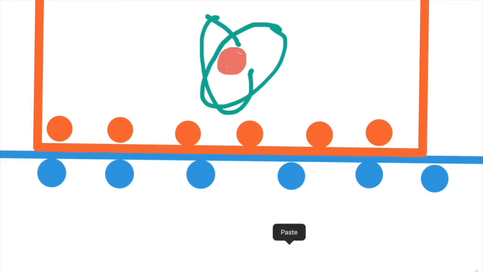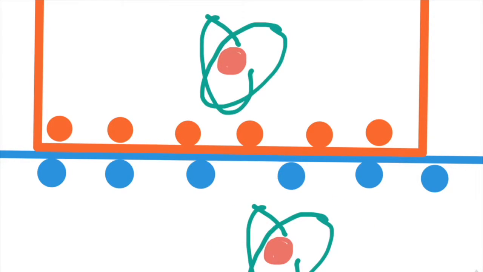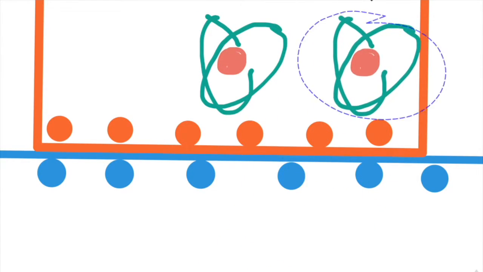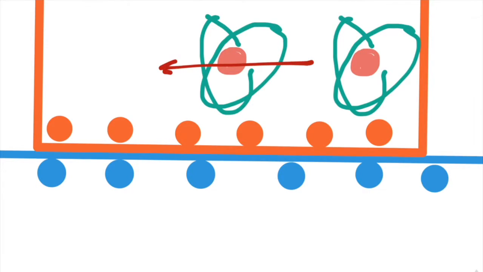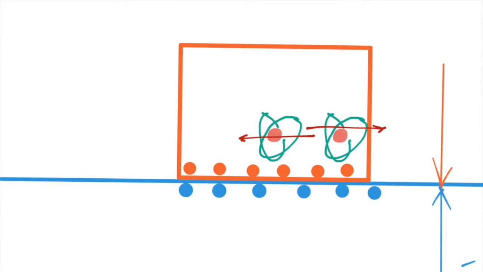So if you want to imagine it, this electron cloud is going to be repulsed by the opposite cloud and vice versa. That's what is causing the equal and opposite forces that are explained by Newton's third law.